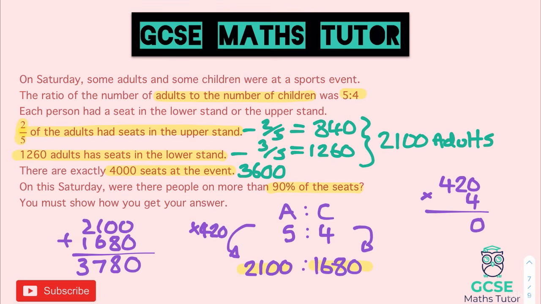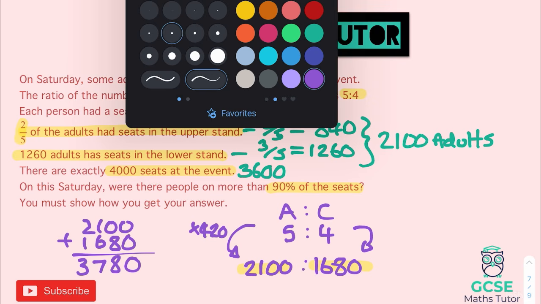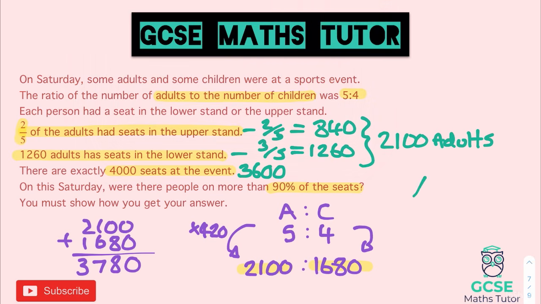Finishing this off with a conclusion, we would say yes, because 3,780 is greater than 3,600, and that is our final answer to finish off this question.